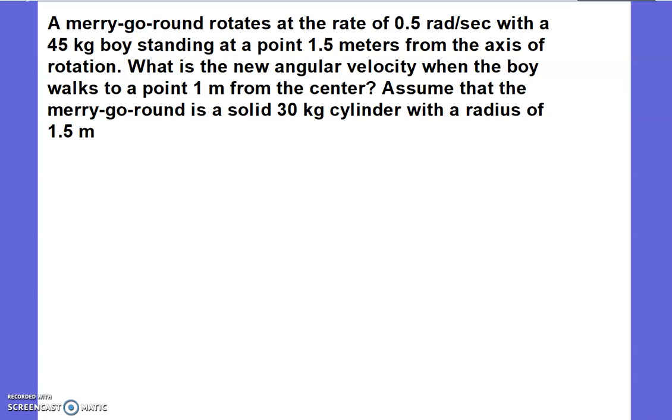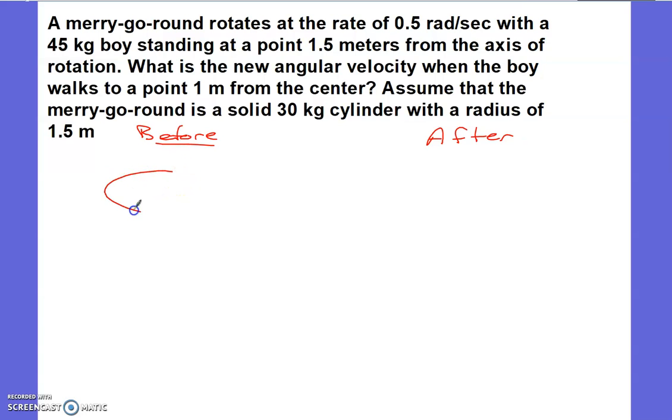We start, as always, with a picture. We're going to use conservation of angular momentum in this problem, so we have a before and an after picture. Then we'll write down what we know in the beginning and what we know at the end.